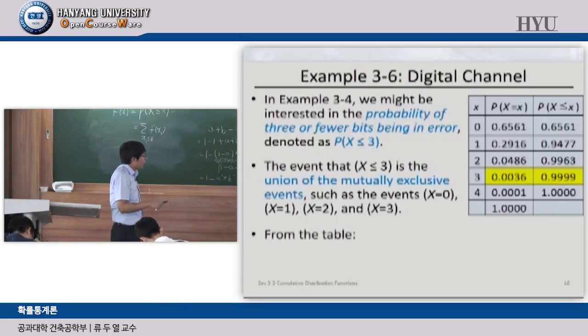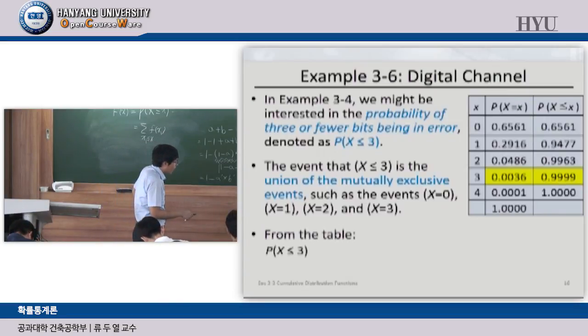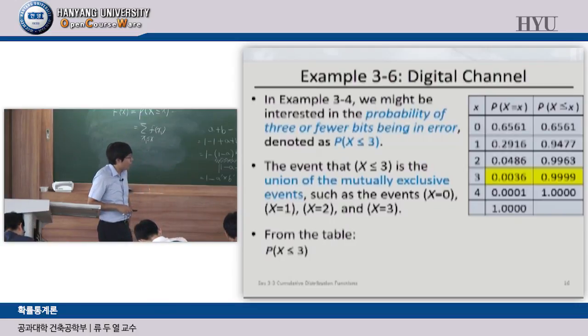So in this case, from the table, we can calculate the probability of x smaller than or equal to 3. How?